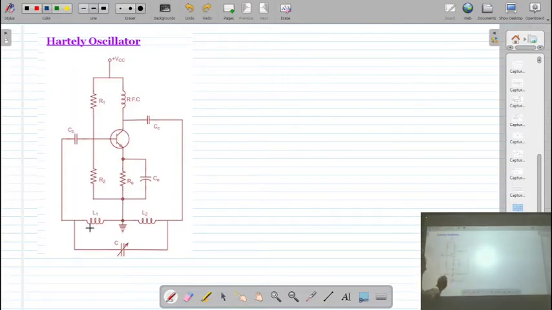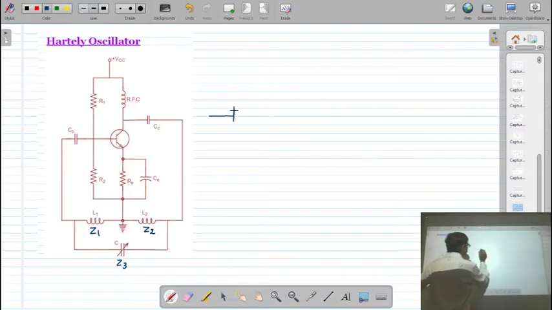Here this L1 we represent with the impedance Z1, L2 we will represent with the impedance Z2, and the capacitor will be represented as Z3. Remember, here we consider a general case. So it can be an inductor or a capacitor, and that's why I am writing Z1, Z2, and Z3. If we draw this equivalent circuit, it will be like this.